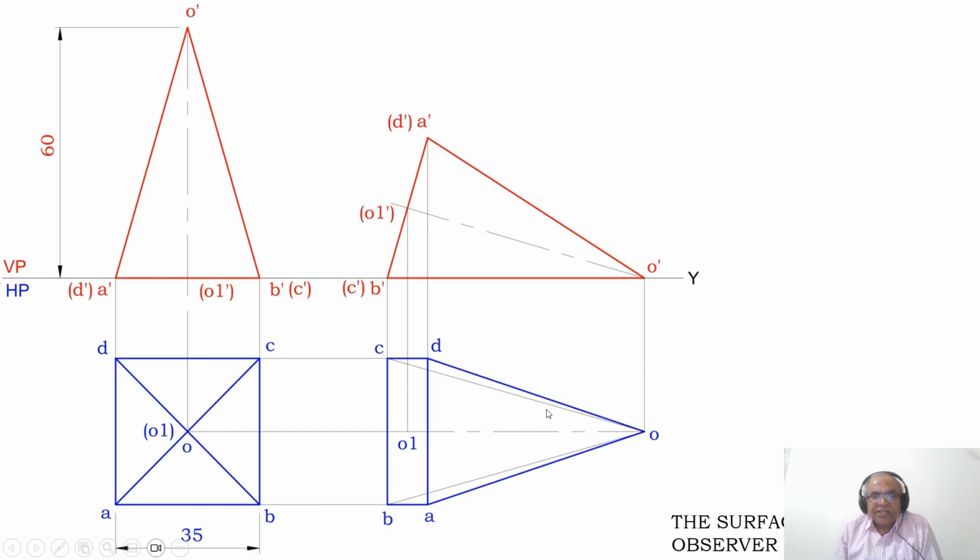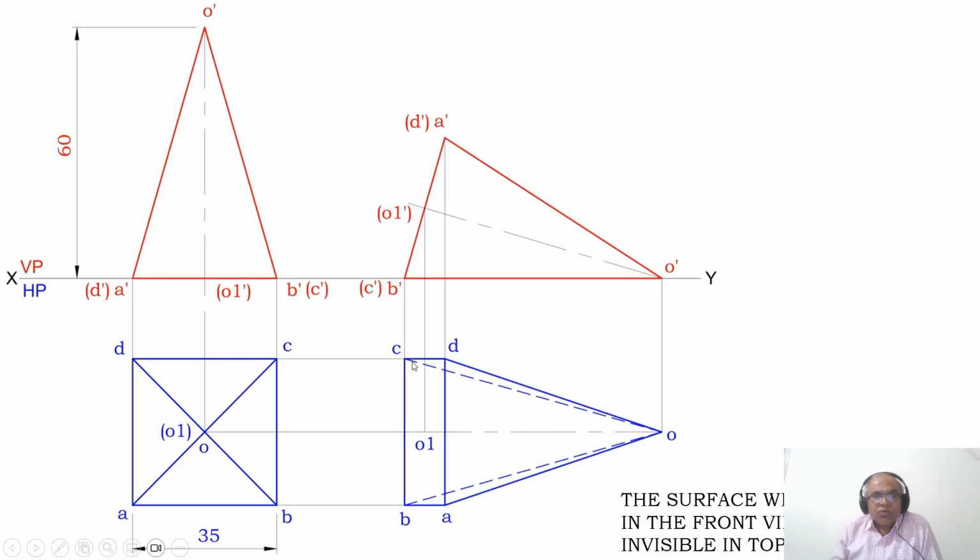So you apply that condition. Once you do that, you can see that OC and OB automatically become invisible. Since the entire portion of ABCD is visible, therefore O1 will become visible. So this is how you will be able to draw the second position top view from the first position.